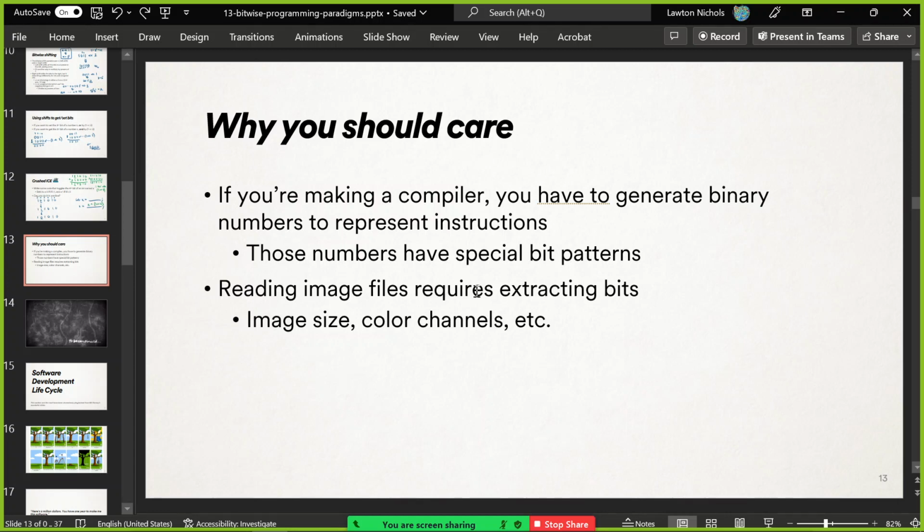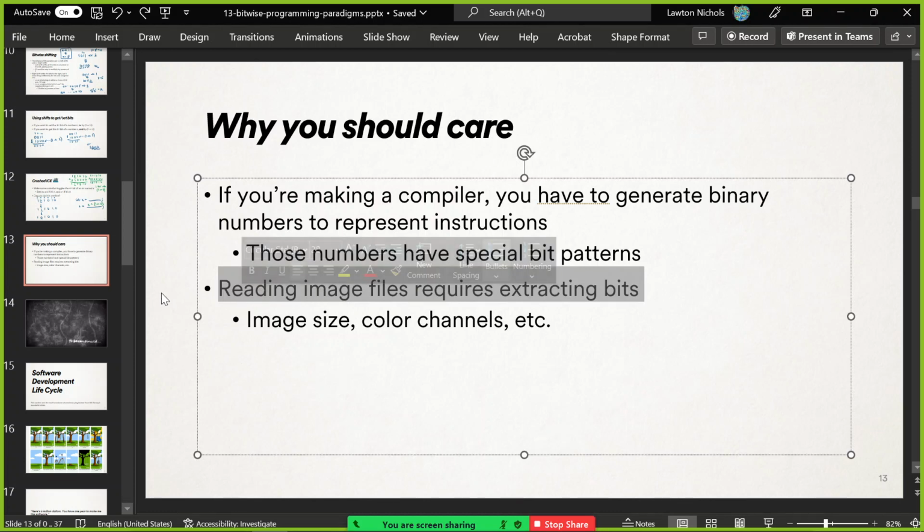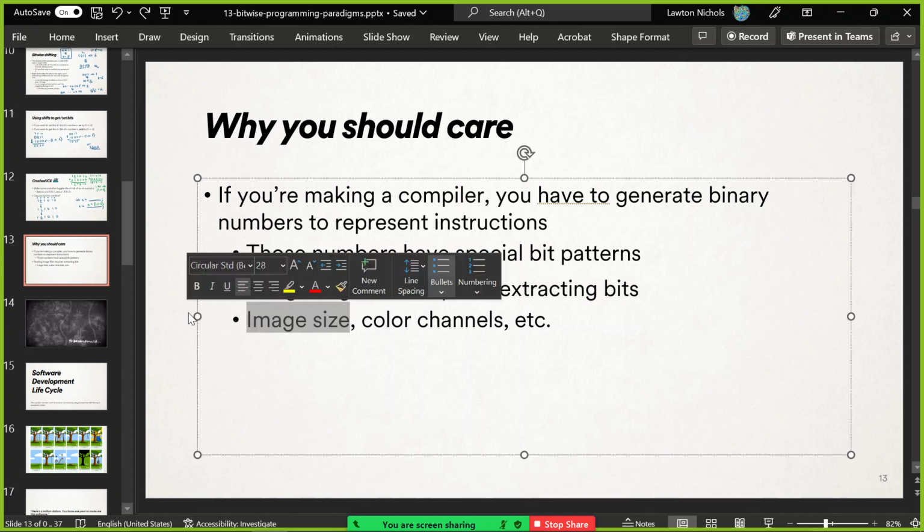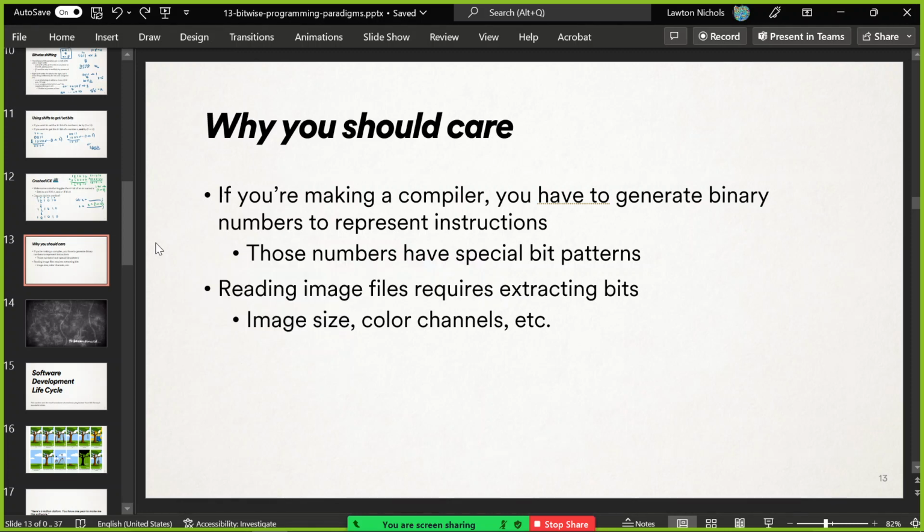So if you want to read an image, like you double click it on your computer, somebody wrote a program to go and read the bytes and extract the bits in a way to understand what is the size of this image that I'm about to display for you. Where are the pixels so that I can put them on the screen for you to look at? Somebody's doing that. That could be you one day. So that is my motivation, just in case my silly motivation at the start was not good enough.